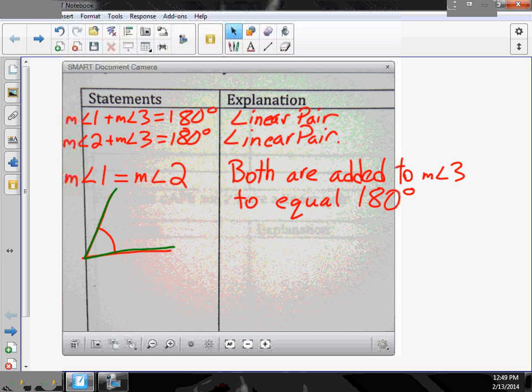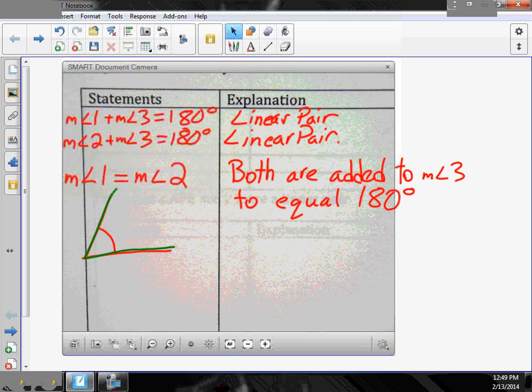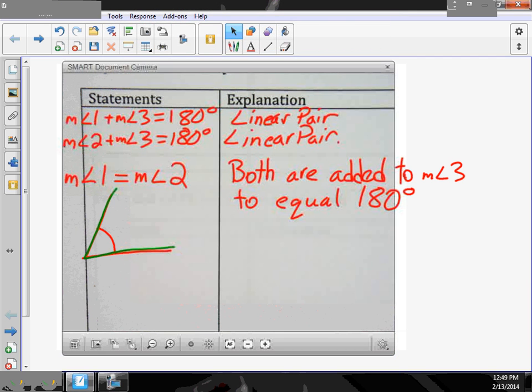But inside a proof, measures use equal signs because they're numbers. Congruent can actually exist without numbers. So congruent is that equal sign with a little squiggle on top, and that just means that they have the same opening, which basically means they're the same size.